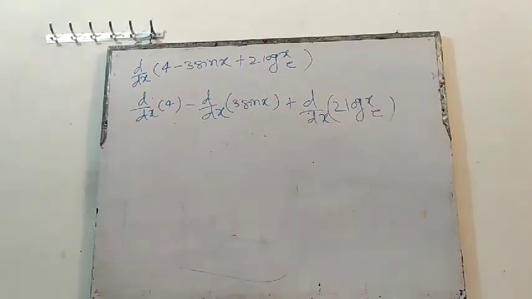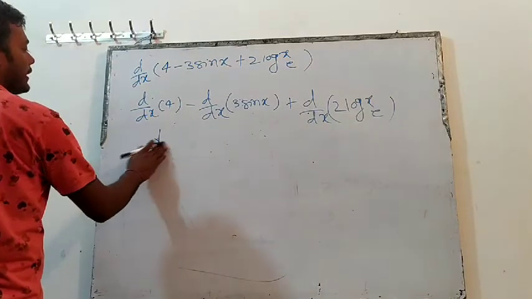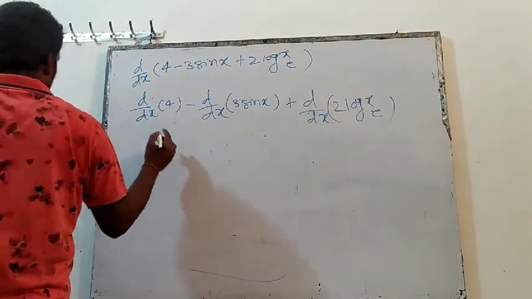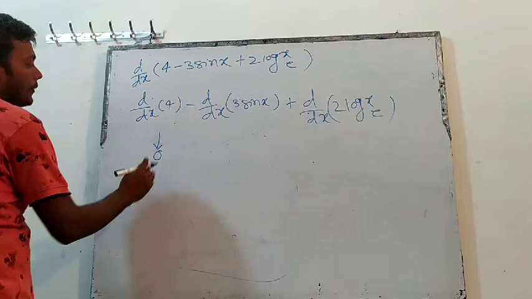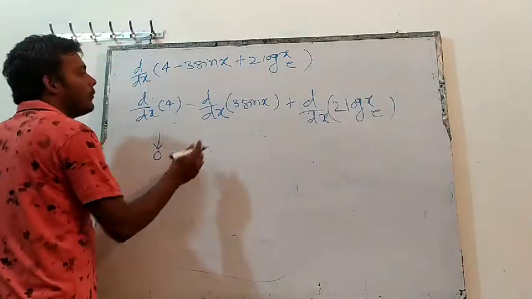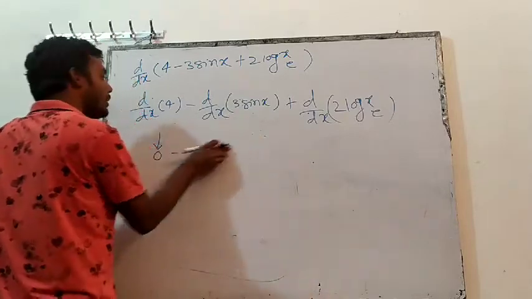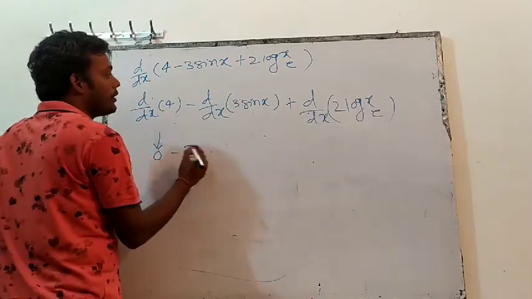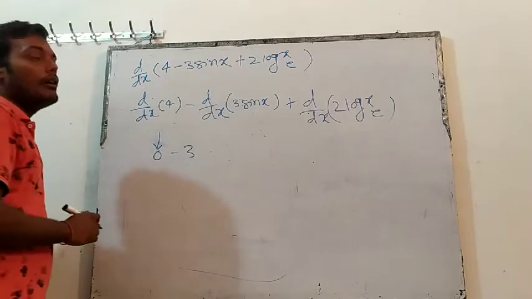See, first I have explained this. Differentiation of 4 will be what? This is a constant. The differentiation of a constant is 0. 4 is constant. Minus 3 sin x: 3 is constant, so it will be outside, and the differentiation of sin x is cos x.